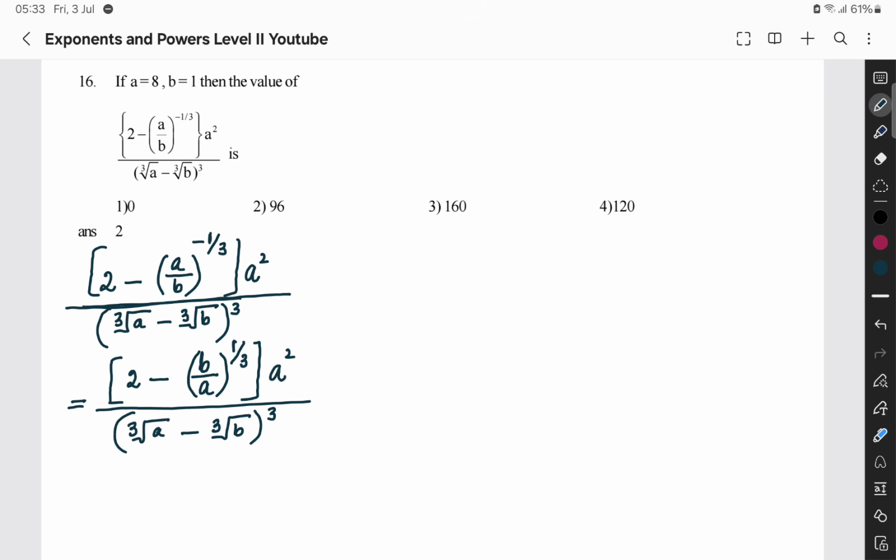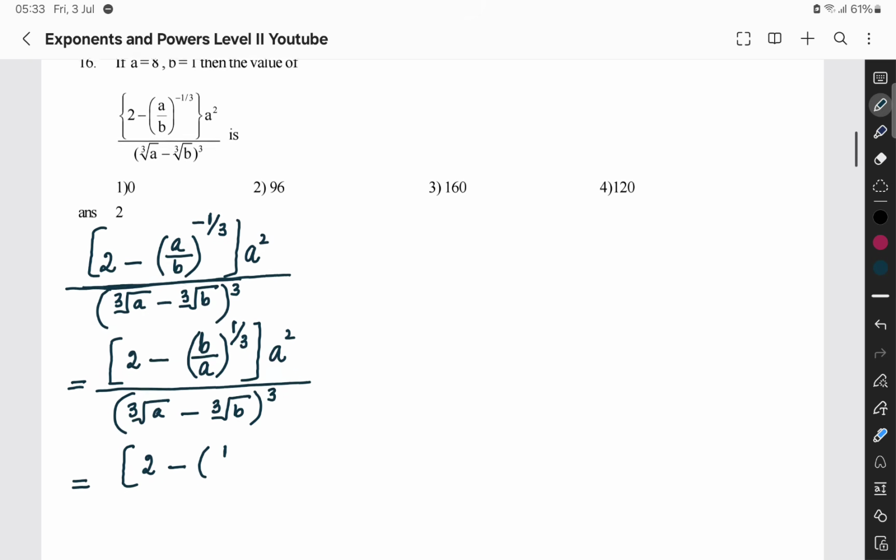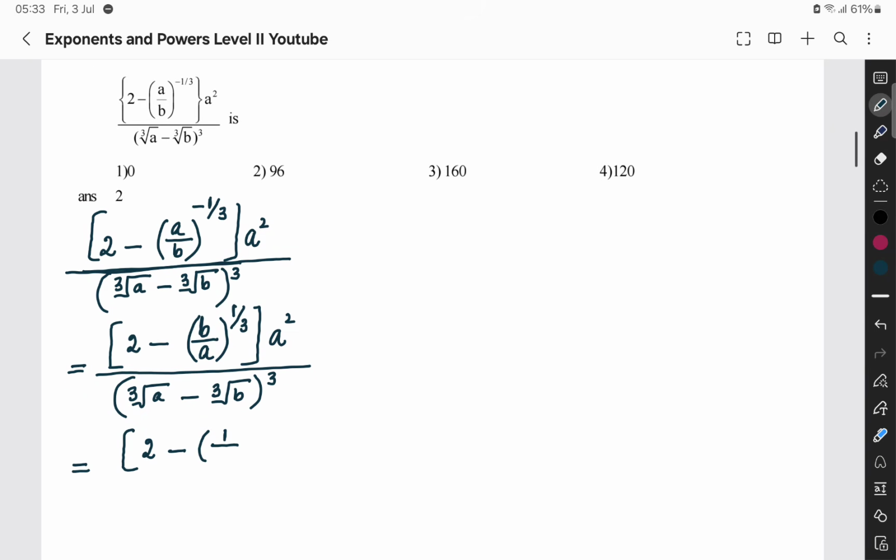Now I will substitute a as 8 and b as 1. So which will give you 2 minus 1 by 8 whole power 1 by 3 into a square.